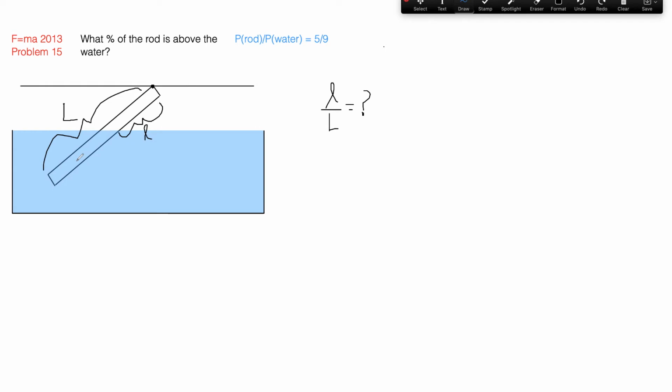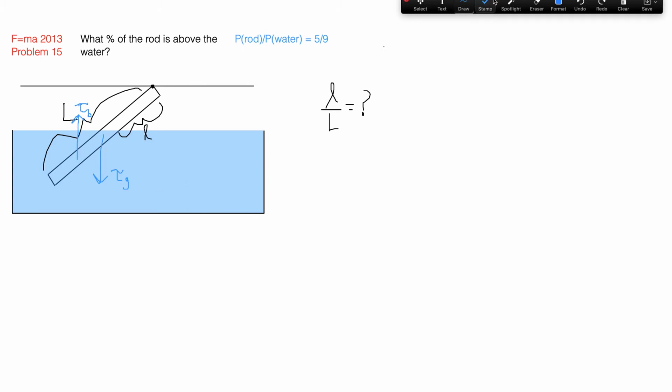If we don't want the rod to move, we need to think about equilibrium. So what forces are acting on it? First, gravity is acting down, which gives some torque. And then somewhere on the rod, there's a torque from the buoyant force.